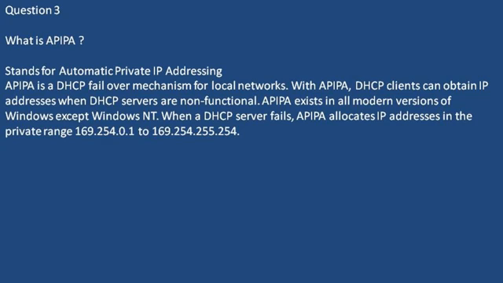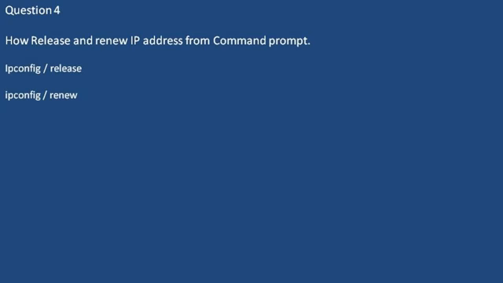APIPA exists in all modern versions of Windows except Windows NT. When a DHCP server fails, APIPA allocates IP addresses in the private range 169.254.0.1 to 169.254.255.254.